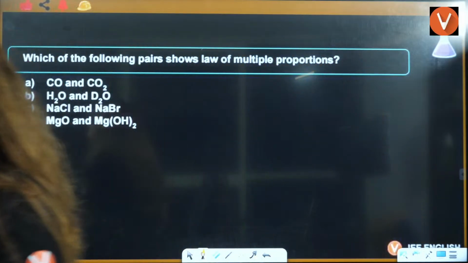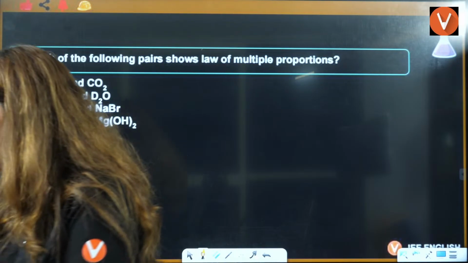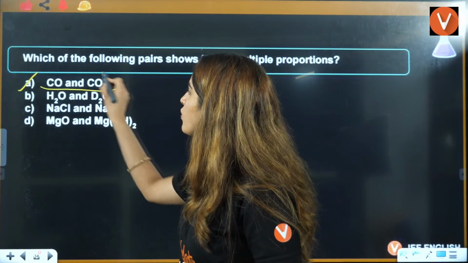Let me see how much percentage of you are able to answer this. Very good. A is the correct answer, CO2.